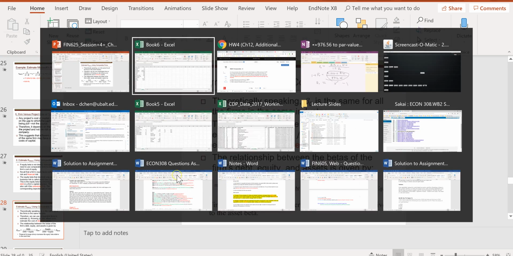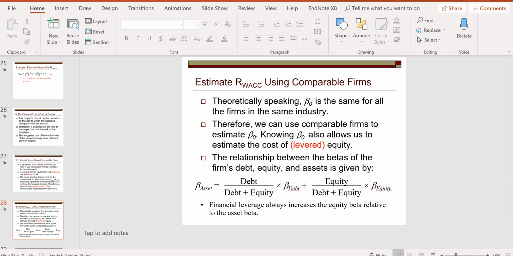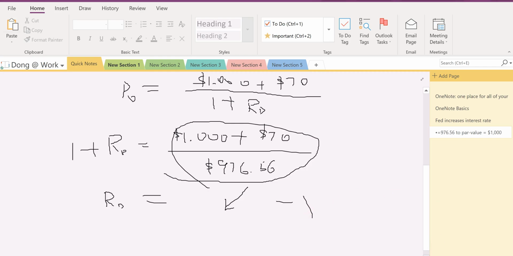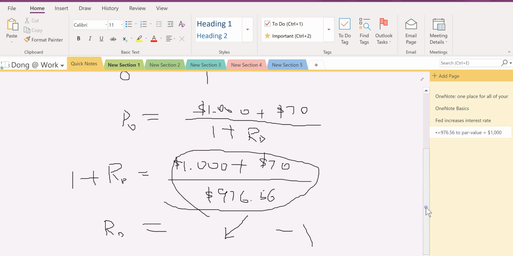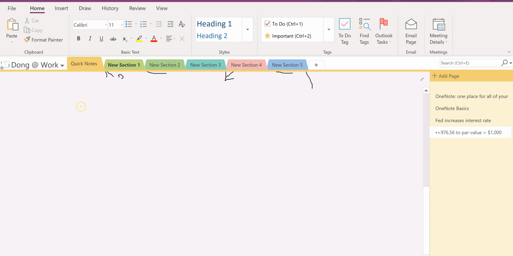How? Because we know the RD, and we know the relationship between RD and beta. That's based on CAPM, capital asset pricing model.